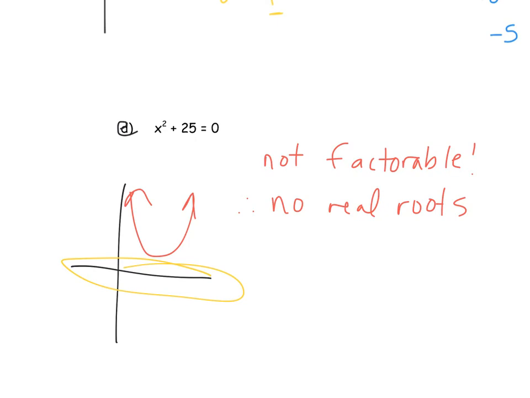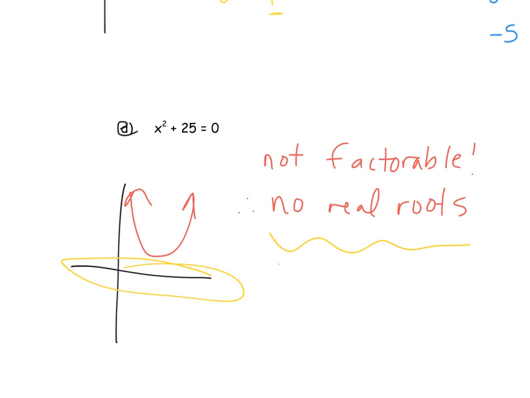For now, that's what we're going to put: no roots. I want to be clear that just because it's not factorable doesn't always mean that it doesn't have real roots. It just means that those roots are not really nice, pretty numbers.